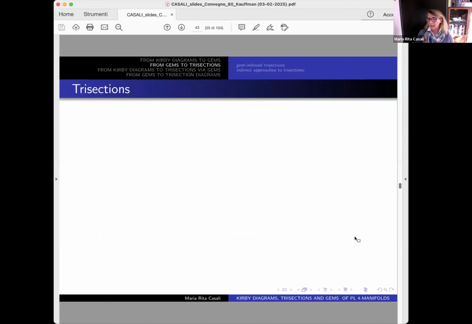Well, let us now introduce the third representing tool we are dealing with by recalling the notion of trisection. It was introduced by Gay and Kirby in 2016, in some sense extending the 3-dimensional idea of Heegaard splitting. As everyone knows, each closed 3-manifold may be split into two 3-dimensional handlebodies intersecting in a closed surface, and the related invariant, the Heegaard genus, is the minimum genus of a splitting surface for the 3-manifold.